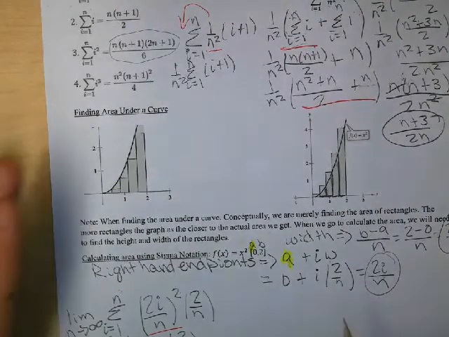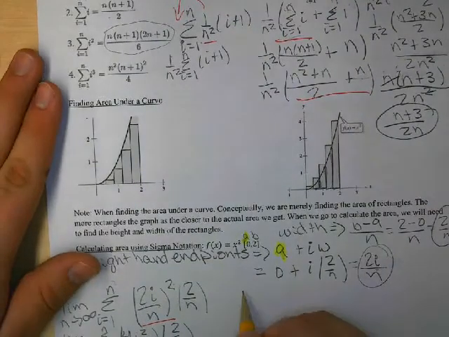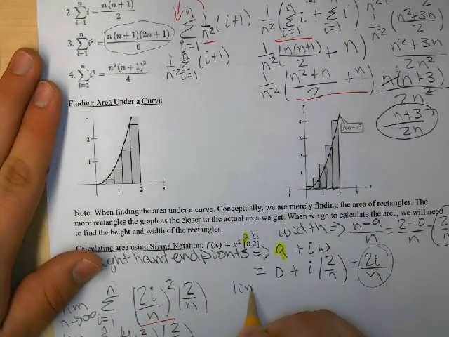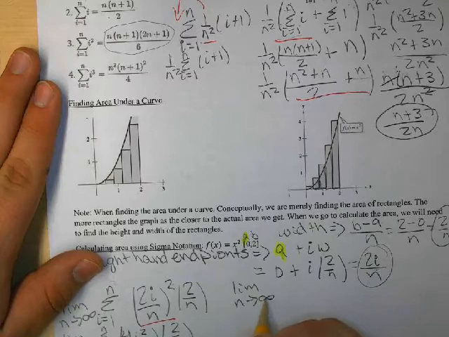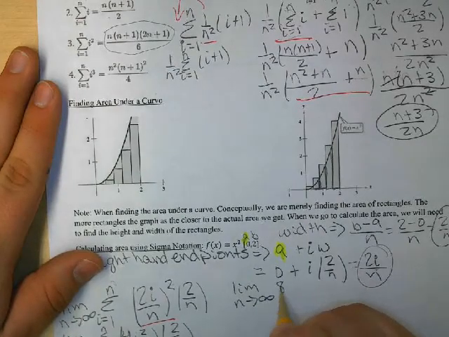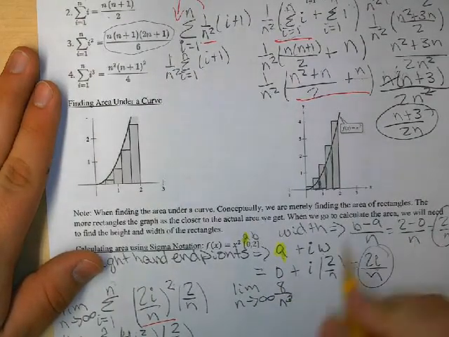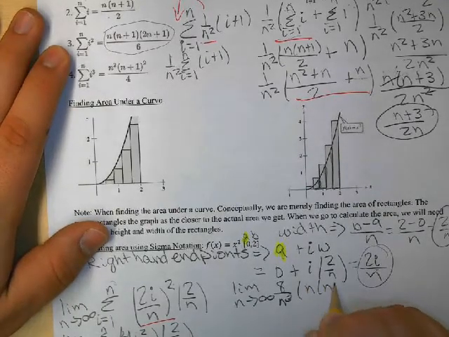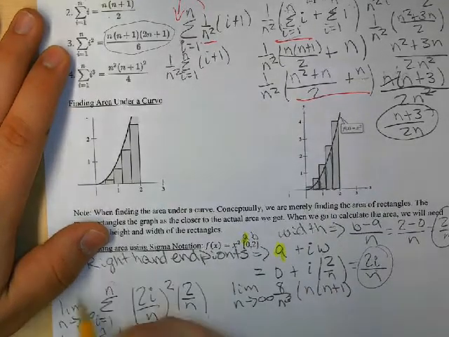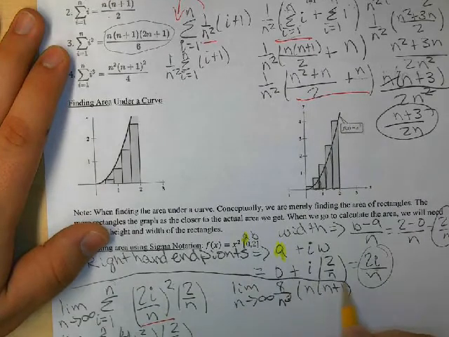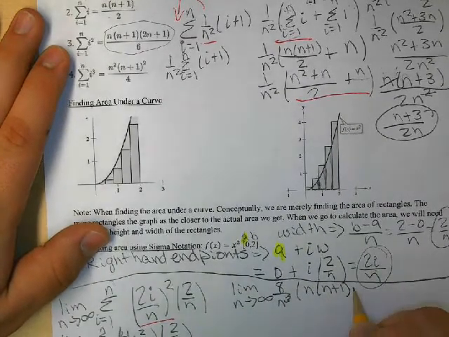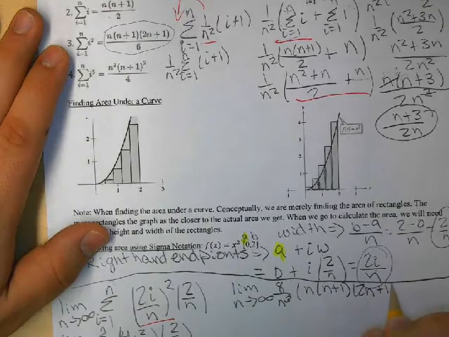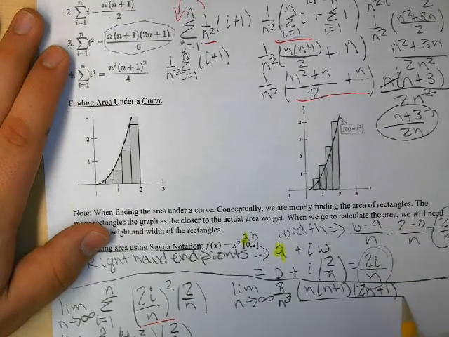So the limit as n approaches infinity of 8 over n cubed times n plus 1, times 2n plus 1, all over 6.